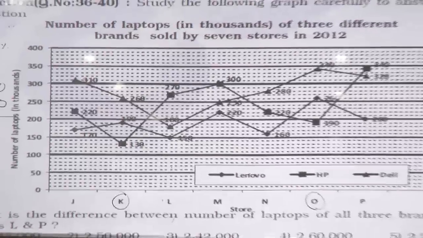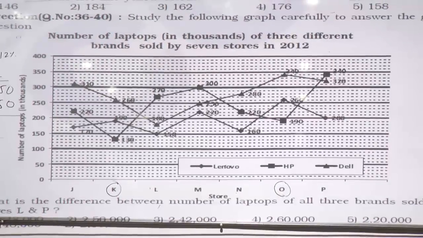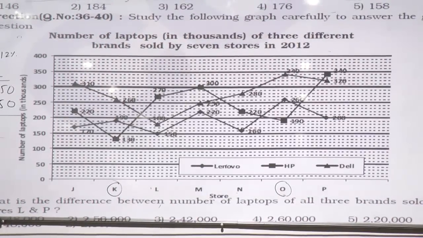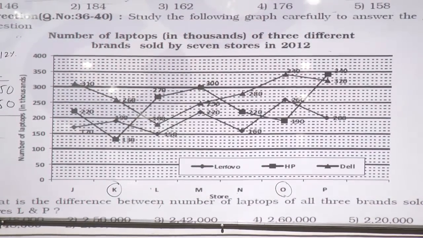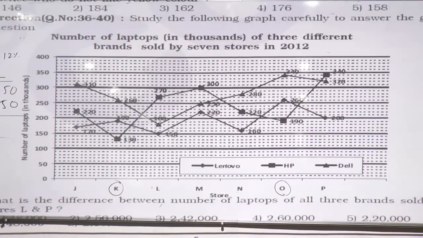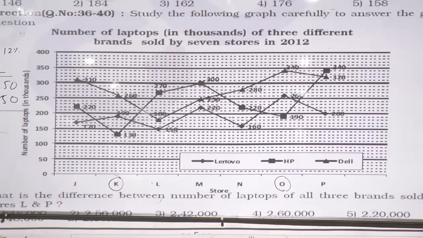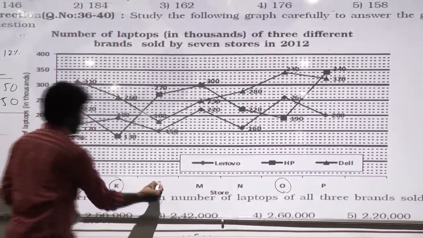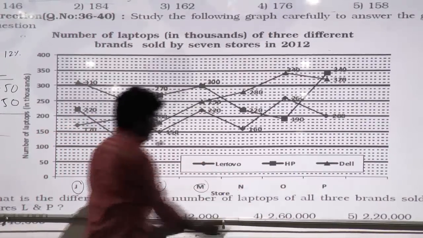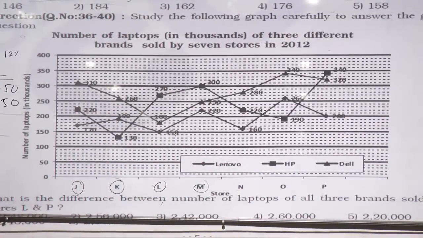Next. What is the respective ratio between total number of HP laptops sold by stores J, K, L, M together and the total number of Dell laptops sold by the same stores together? J, K, L, M. And this is the ratio between HP laptops and then Dell laptops.